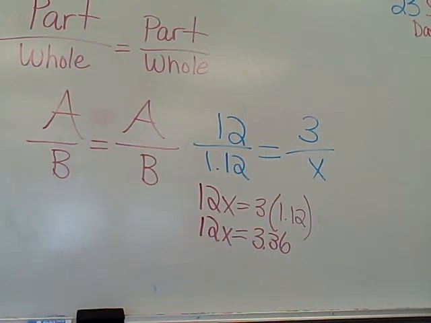Someone else take over. What am I going to do next? You're all writing this down in your textbook, I hope. Seth, what am I going to do next? How do I clear that, though? It's multiplication. Division.